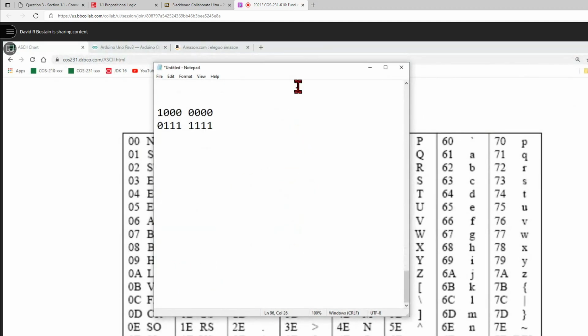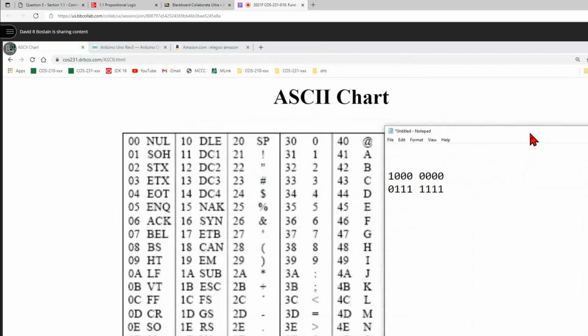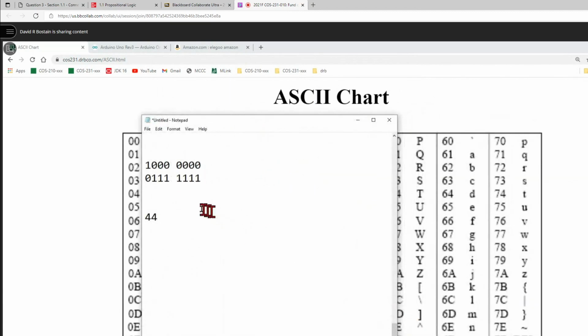Now, we can write out in hex, and then turn it to binary if we need to, the word dog. We'd look up a D, and find out it was a 44. We'd look up an O. Well, O is lowercase. The O is right here. It's a 6F. And the G is a 67 because it's lowercase.